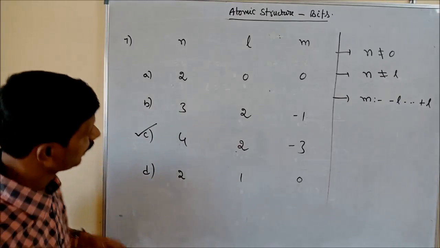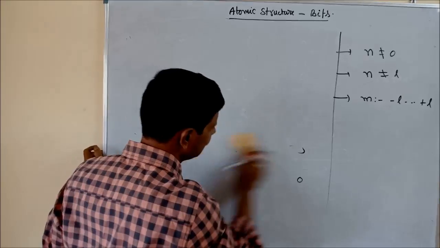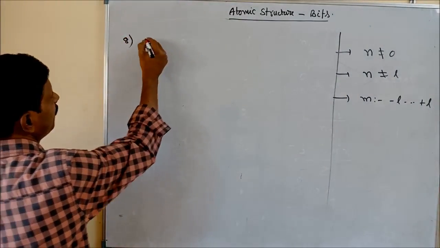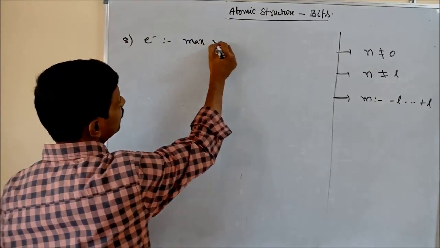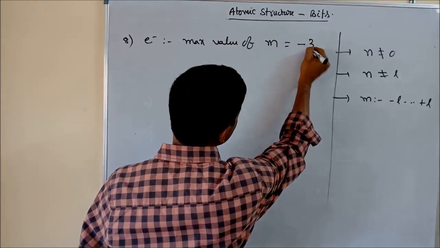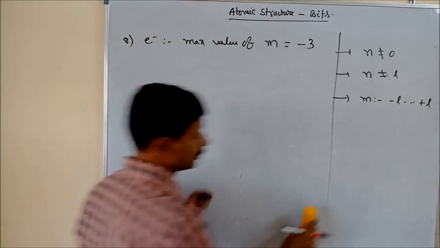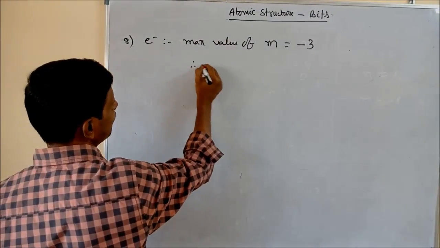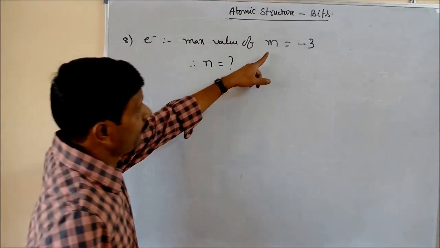That is another problem. And next one, see, here there is an electron whose maximum value of m, let it be minus 3. Maximum m value is minus 3. So then, what about its n value? Now see this.